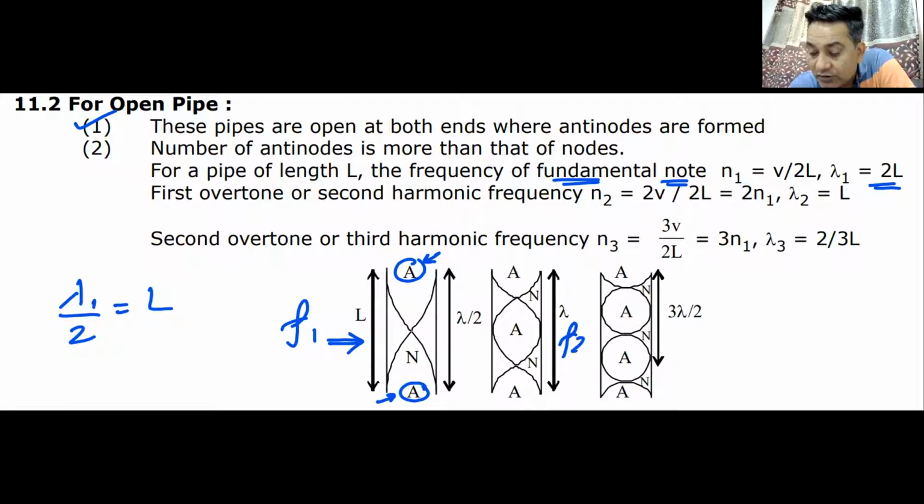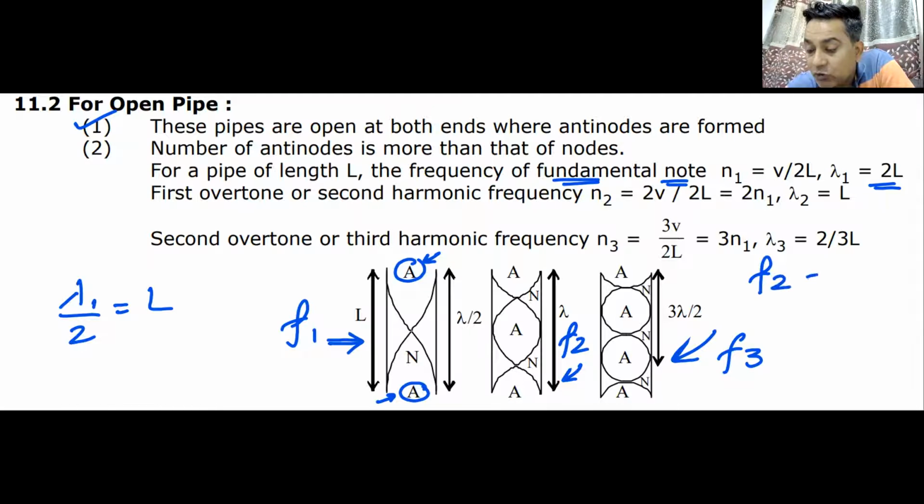This one is known as the second harmonic. This one is known as the third harmonic. Remember, in case of closed pipe, we had first harmonic, then third harmonic, then fifth harmonic. Only odd harmonics were there, even harmonics were absent. But in case of an open pipe, we have first harmonic, second harmonic, and third harmonic.